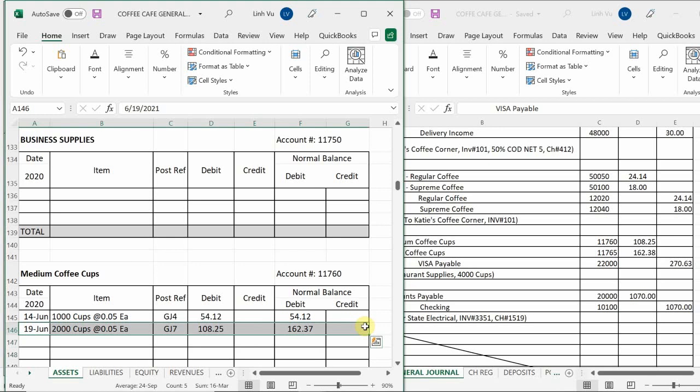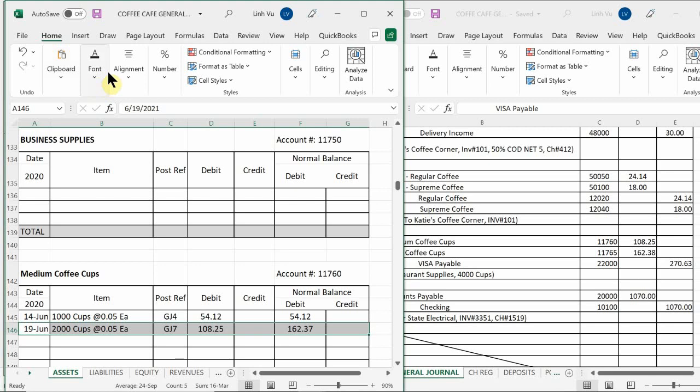I have it as 162.37 when it should be 162.37. For the 108.25. Okay, so that's correct.